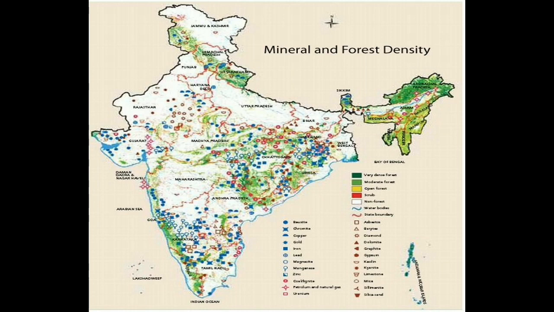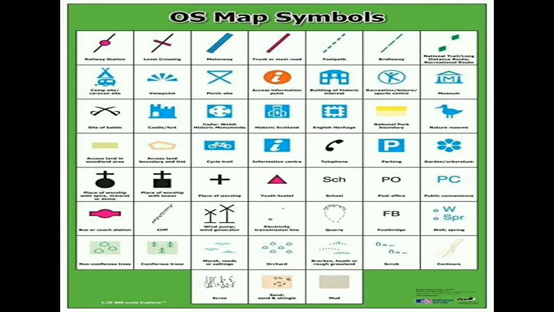These kinds of symbols are called conventional symbols, which are very easy for people to read. For example, in some maps you will find symbols that indicate where there is a telephone booth, where is the petrol station or gas station, where there's a river, or where is a train station.